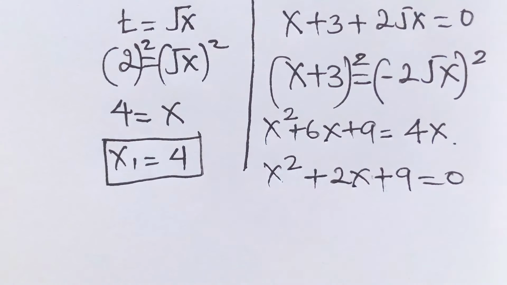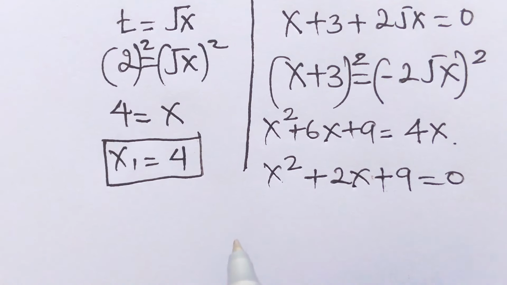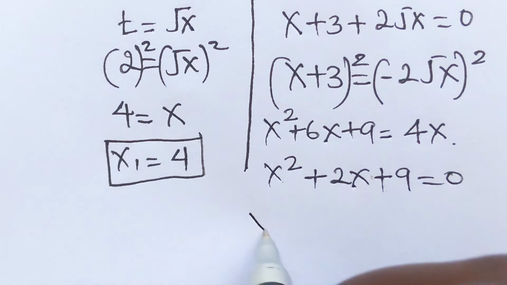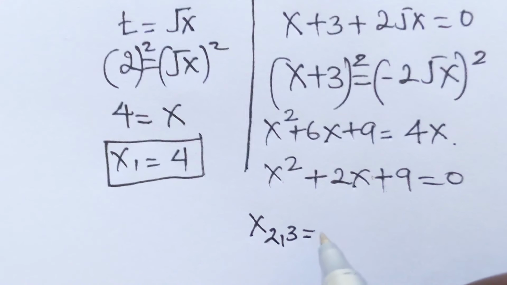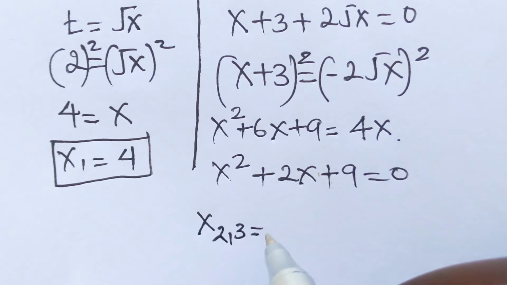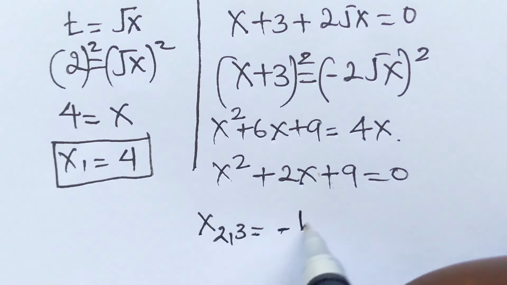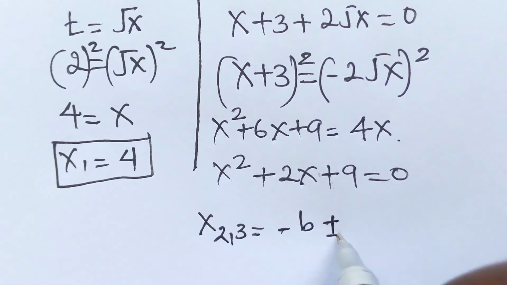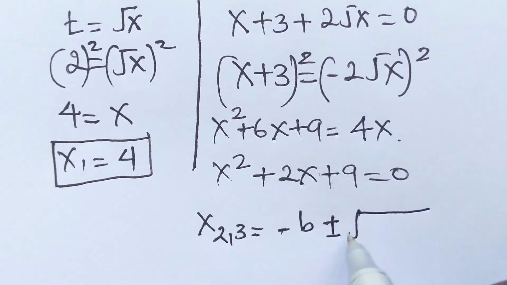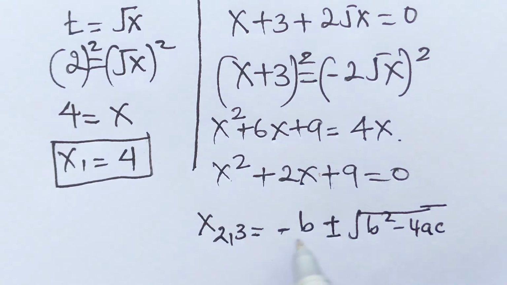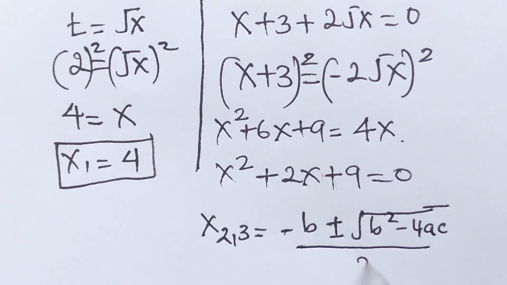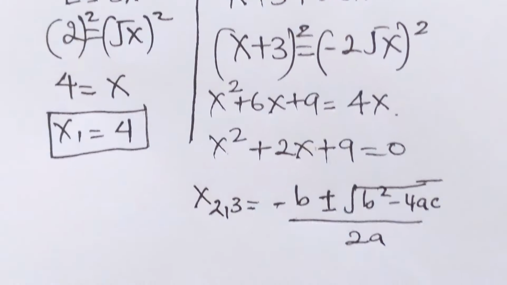At this stage we have a quadratic equation where we shall find x2 and 3, which is equal to negative b plus or minus square root of b squared minus 4ac over 2a.